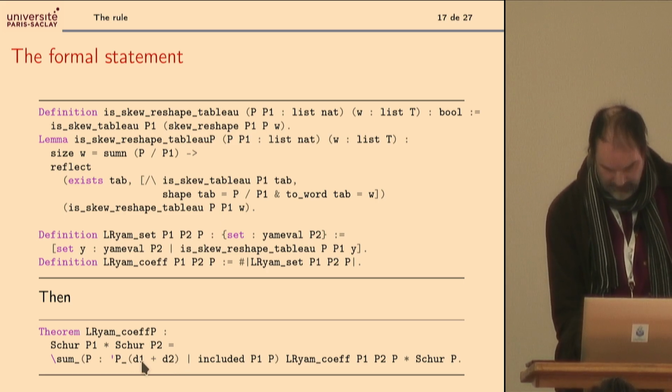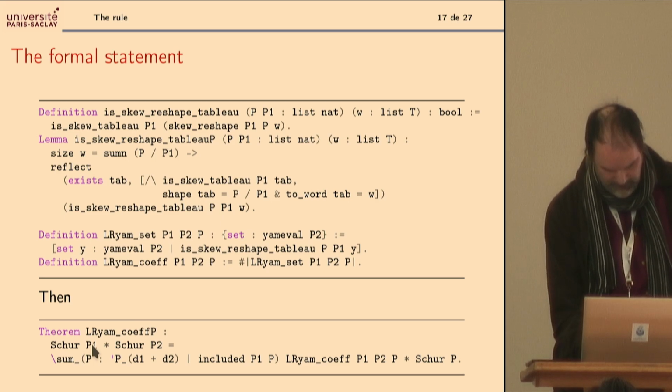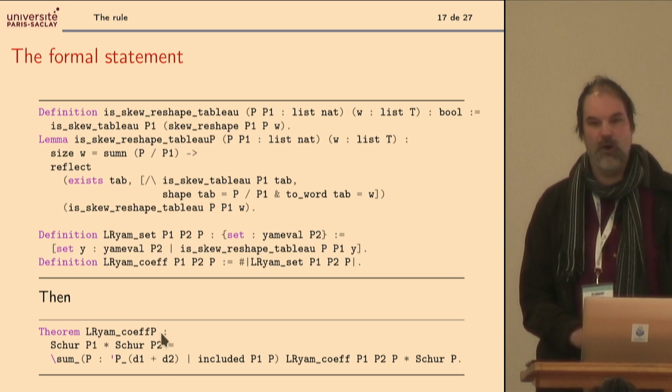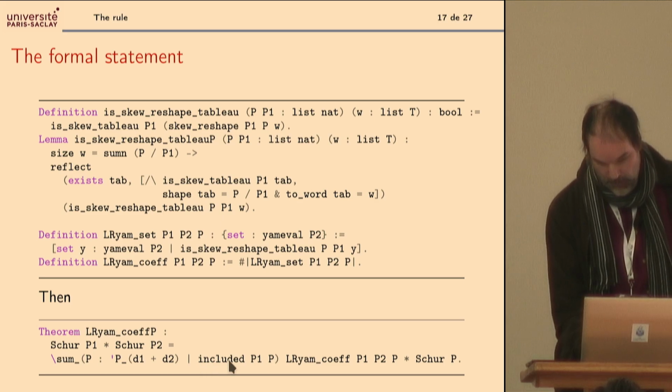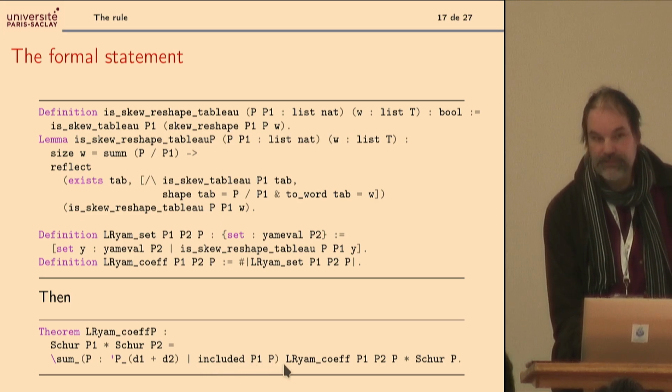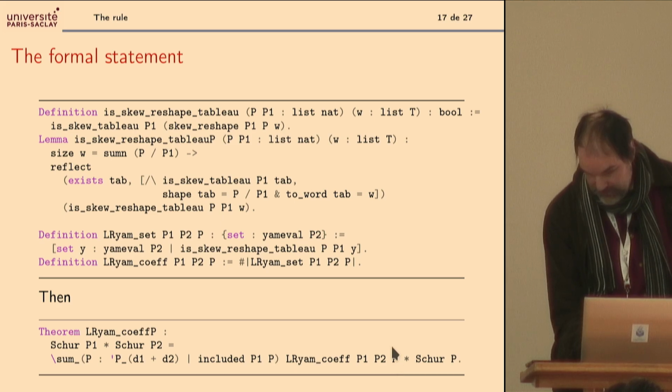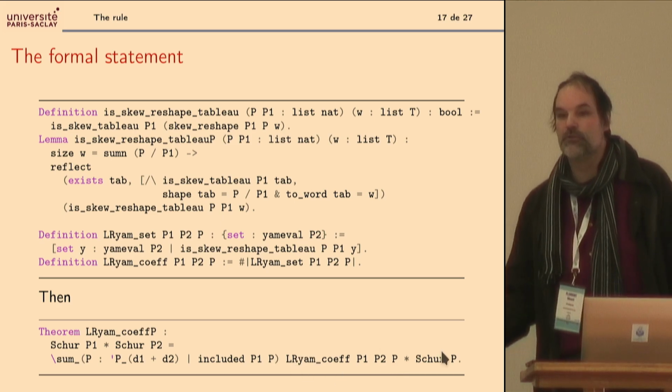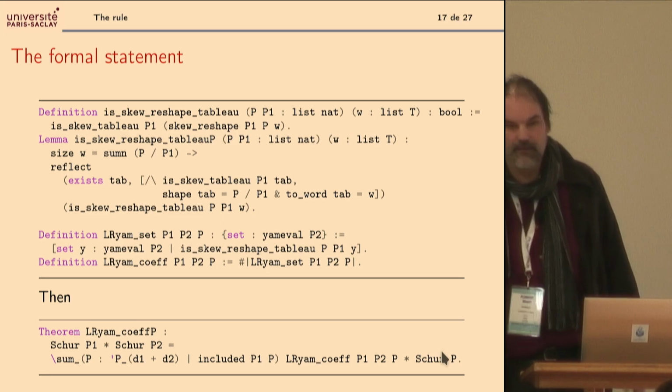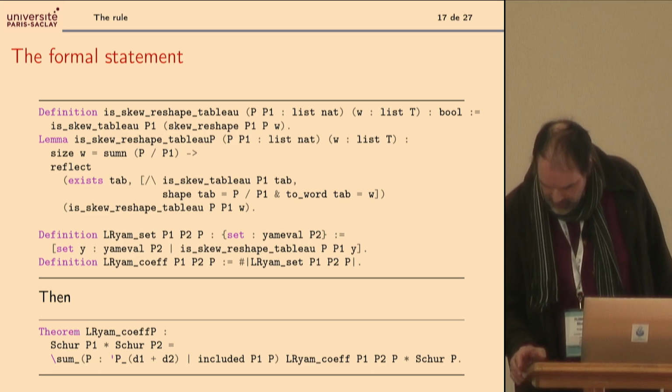Sorry, I should have written that D1 is the number of boxes in P1 and D2 is the number of boxes in P2. Of course, P1 must be included in P, and there is this coefficient times the Schur function. So that's my main result.